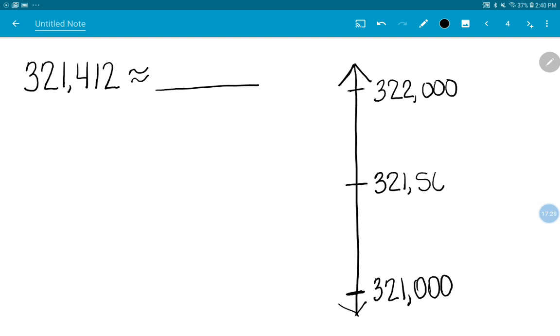Very good. Go ahead and put 321,412 on that number line now.